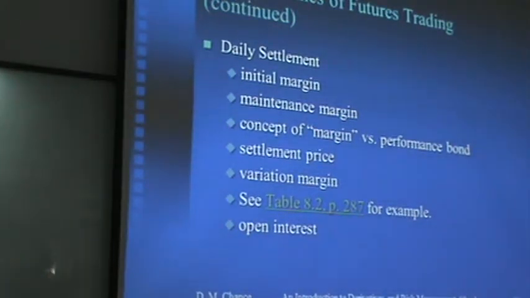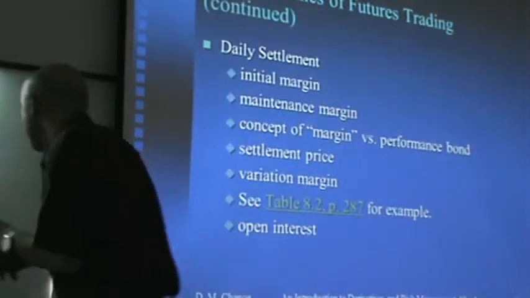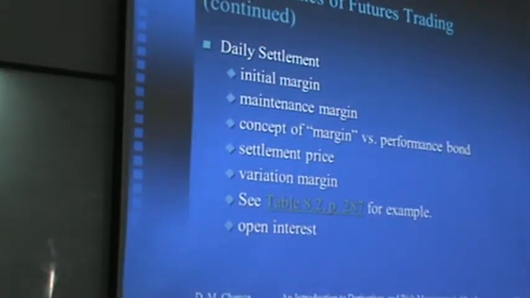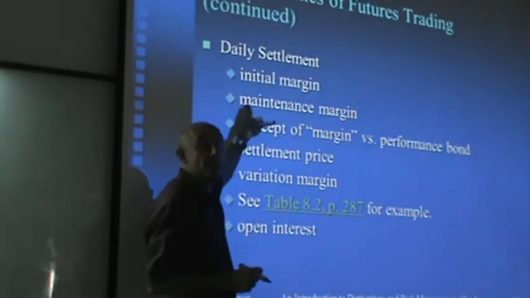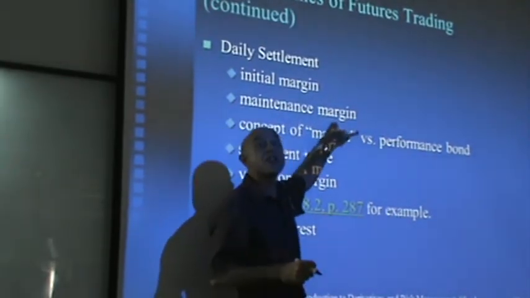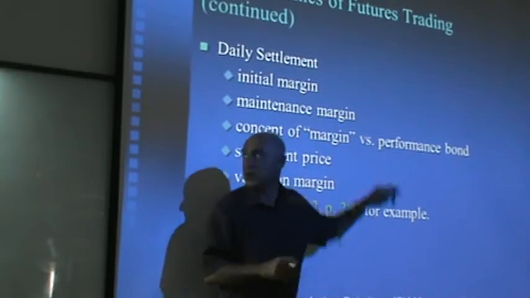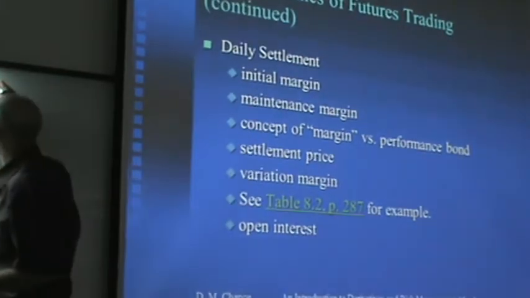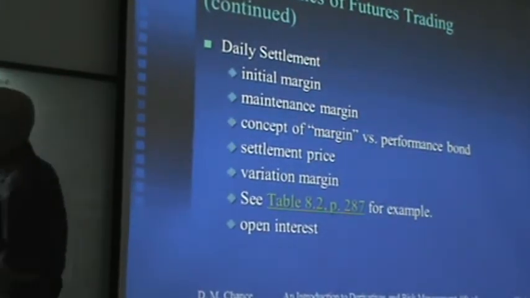Okay? So, now you got the following. You bought at 1,200, okay? And you have, next one, maintenance margin of 3,000. 3,000 is the maintenance.